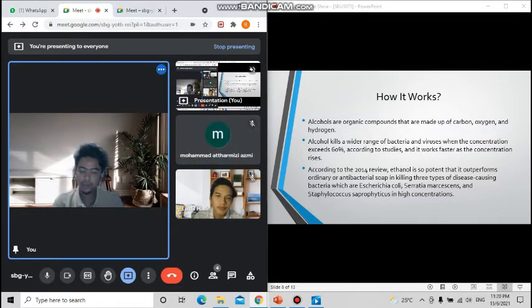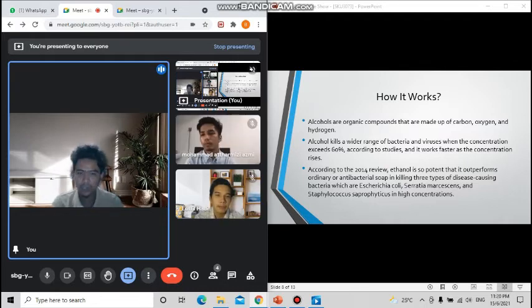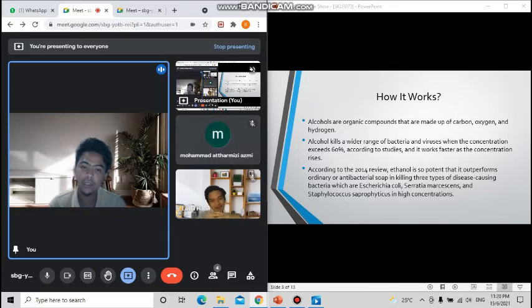The review says ethanol is so potent that it outperforms ordinary or antibacterial soaps in killing three types of disease-causing bacteria, which are Escherichia coli, Serratia marcescens, and Staphylococcus saprophyticus, in high concentration. These three are common and very popular disease-causing bacteria.